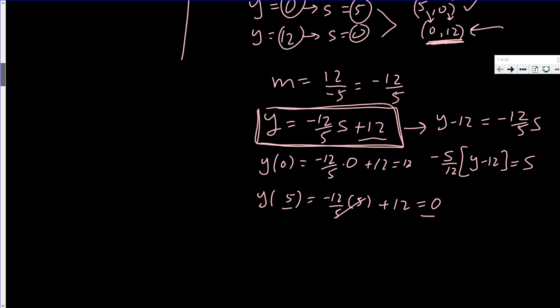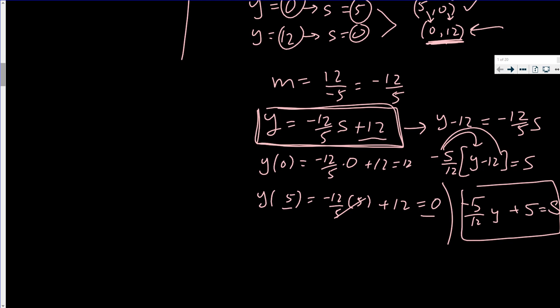Let us do that multiplication. Negative 5/12 times y, that's negative 5/12 y. Negative times negative is positive, and the 12s cancel. You just get 5. And that is what s equals. Okay. So now we know s in terms of y.